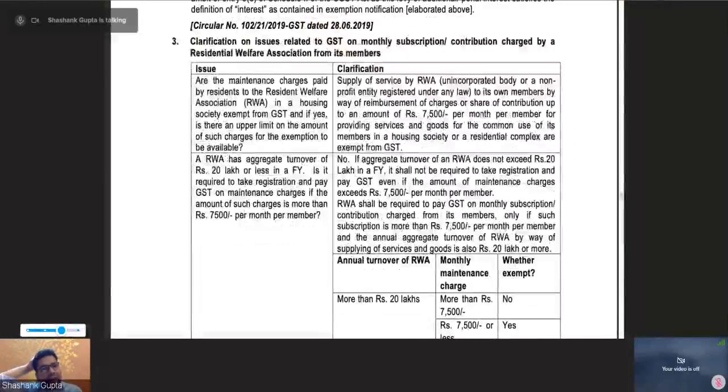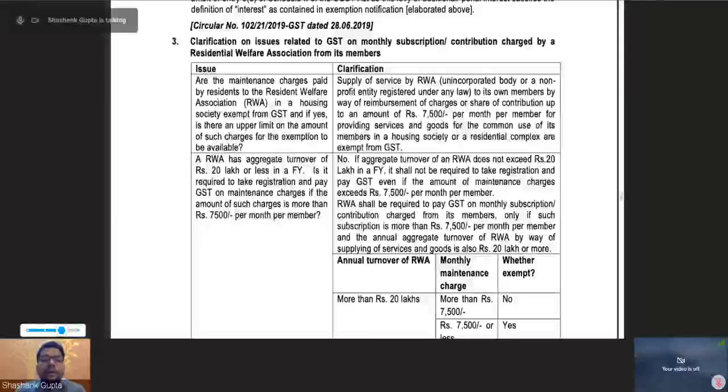Next is another clarification. This is with respect to Residential Welfare Association. So like I had told you, GST is applicable even on supplies made by unincorporated association to its members. And because it is so applicable, hence all the residential welfare associations are now covered under the gamut of GST.